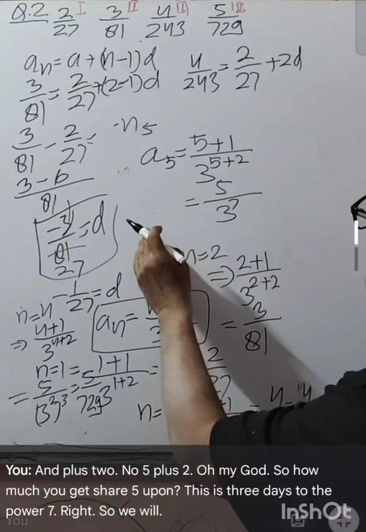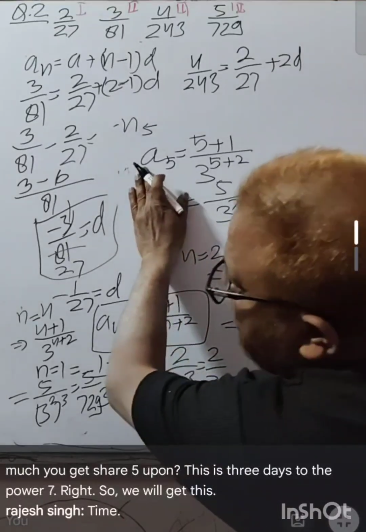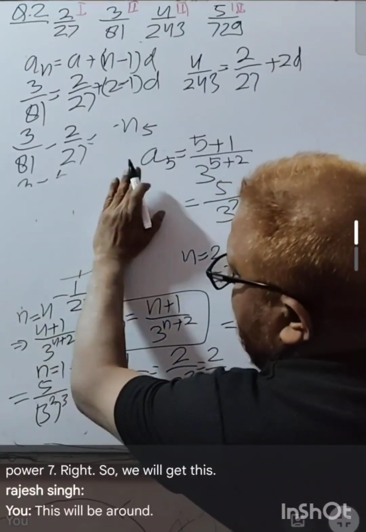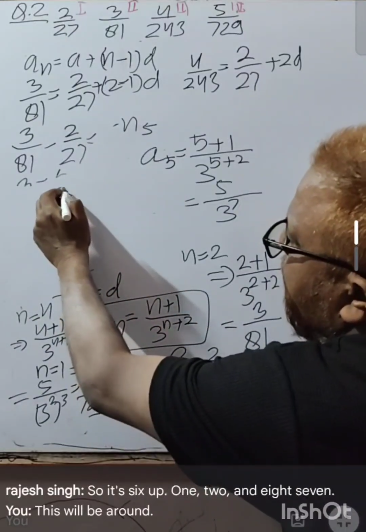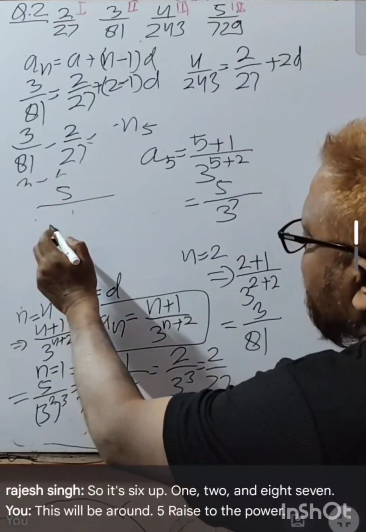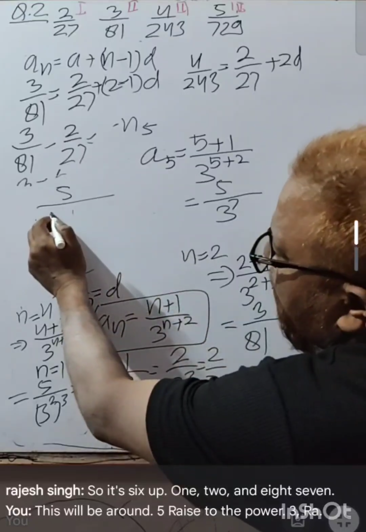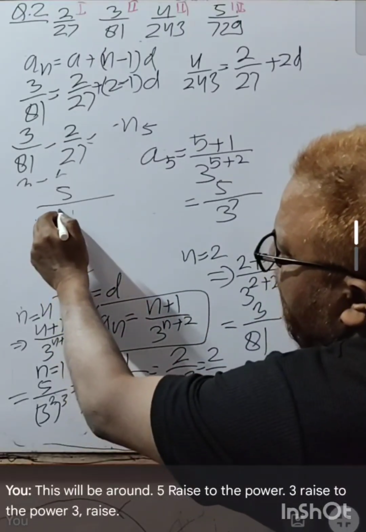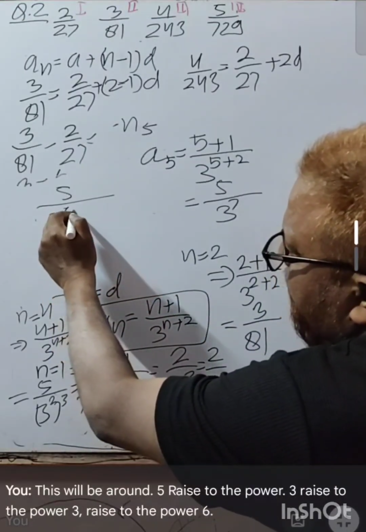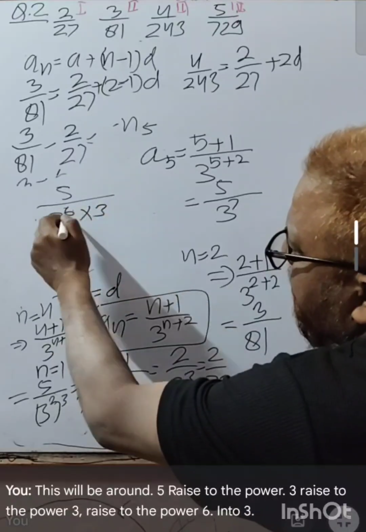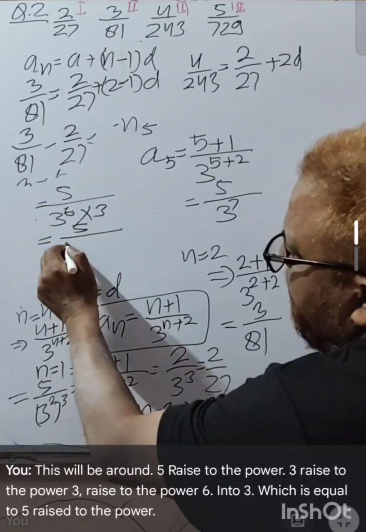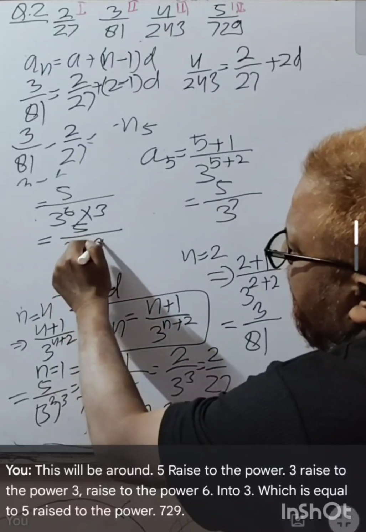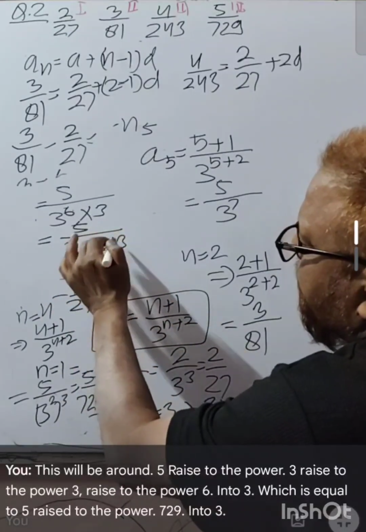So we will get this. This will be around 6/2187. 5 raised to the power 3 raised to the power 6 into 3, which is equal to 5 raised to the power 729 into 3.